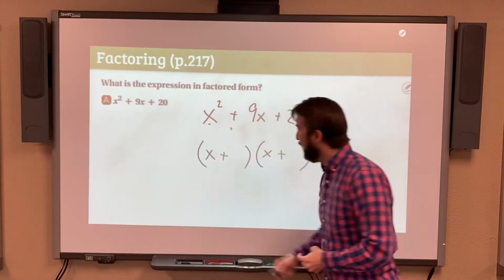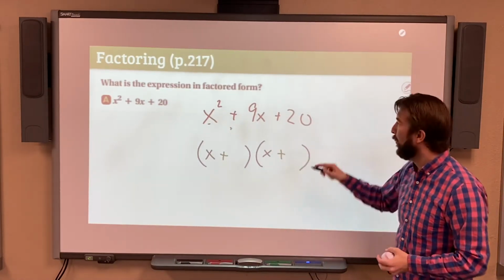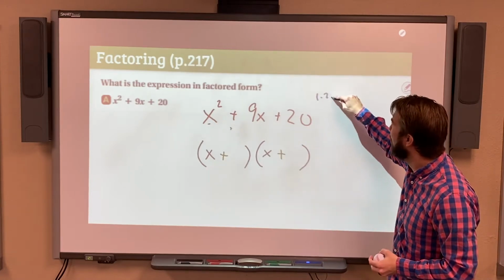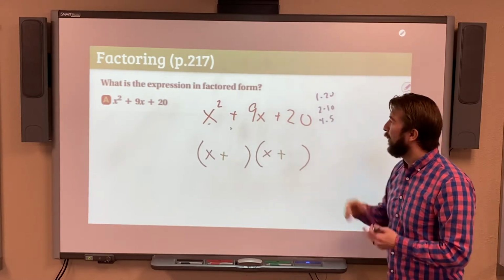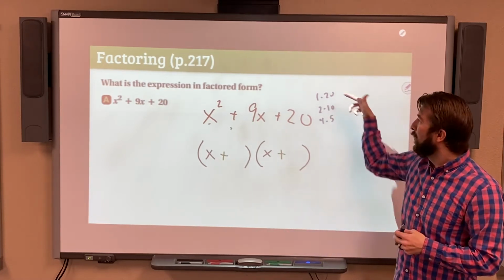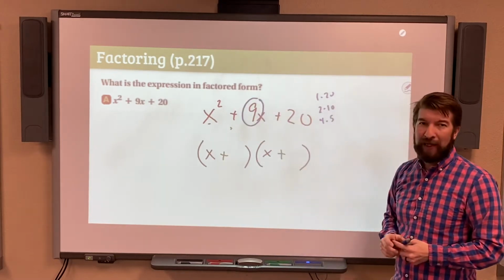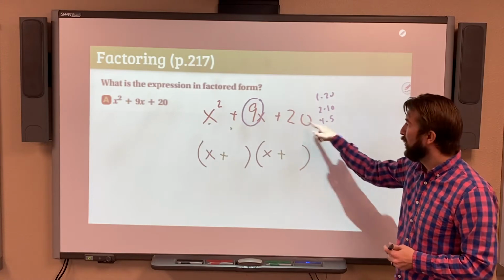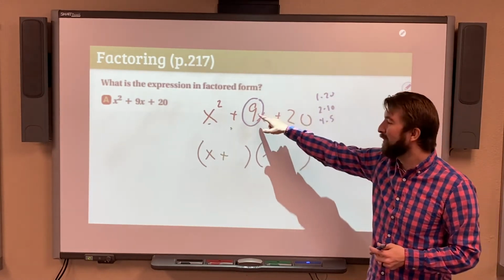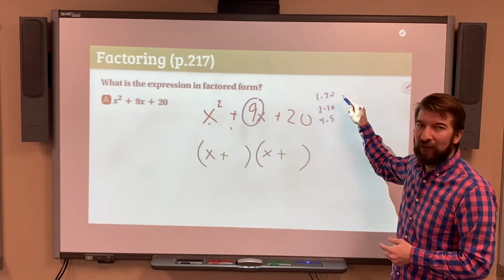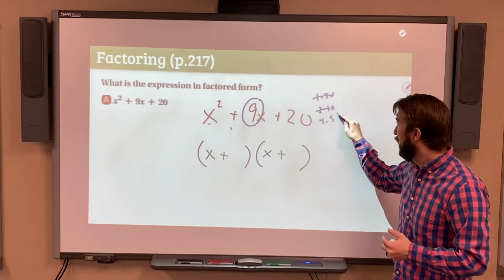Now we have our symbols, and we need to figure out what numbers to put in here. We're going to look for multiples of 20. I like to write these out: 1 and 20, 2 and 10, 4 and 5. I'm looking for which of these combinations add up to be 9. 1 and 20, that's 21, that's not it. 2 and 10, that's 12, nope. 4 and 5, that's my answer.